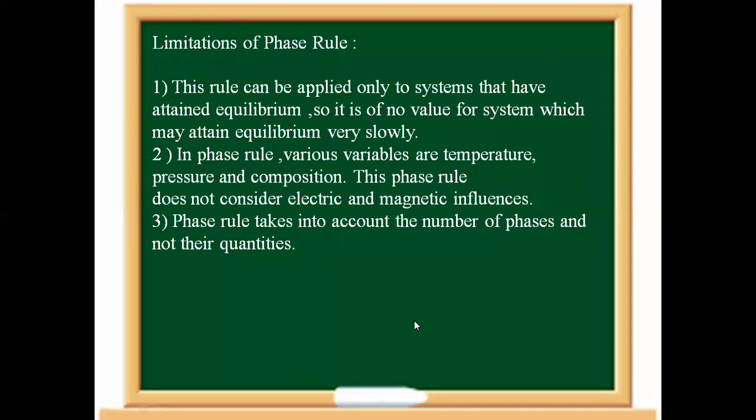So here the phase rule has a drawback, because phase rule explains only the equilibrium state where the variables are temperature, pressure, and composition, and there is no discussion about electrical and magnetic forces. That is the only drawback. Also, it takes into account only the number of phases and not their quantities.